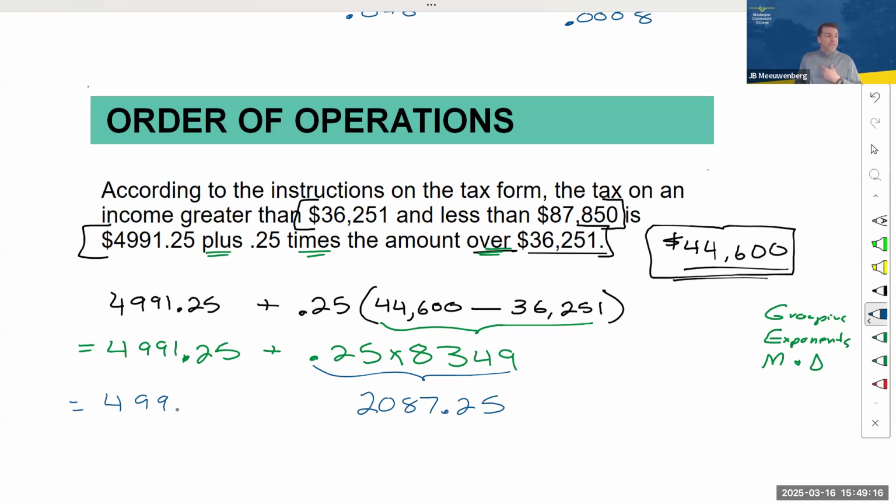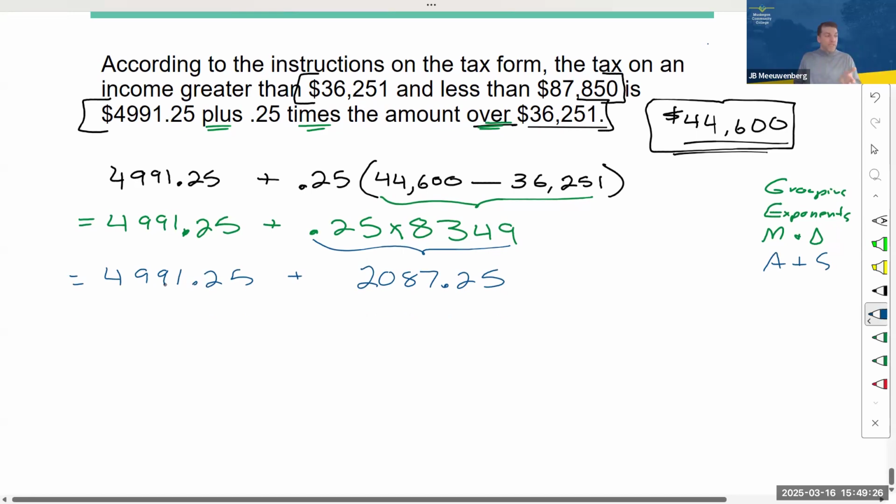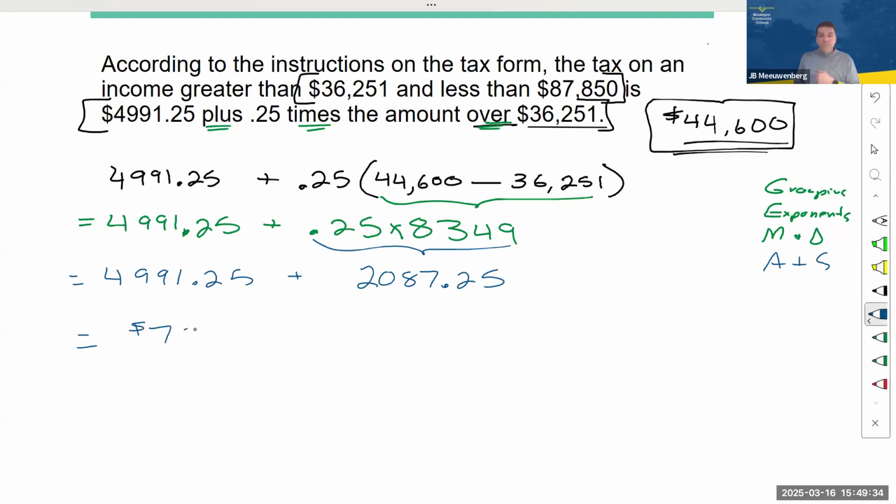Finally, at the end, we can do our addition. Addition and subtraction is going to come at the end. So we add 4,991.25 to 2,087.25, and we get a total of $7,078.50. So just pay close attention to that order of operations.